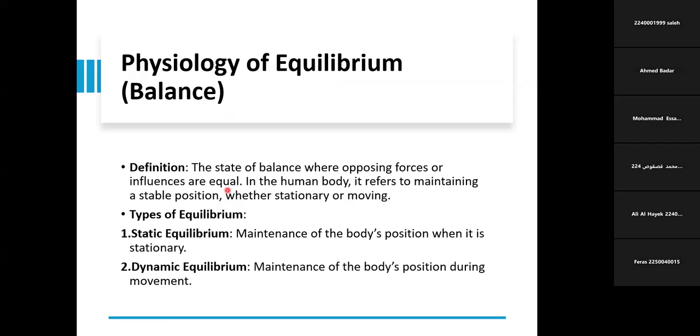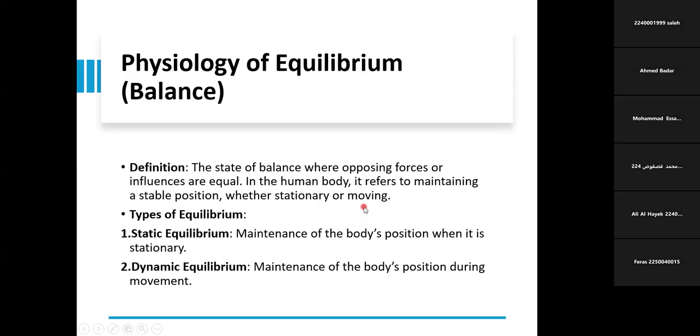But our body resists. Our axial skeleton and the muscles attached with it, they try to protect us from the fall. So this is postural reflex. In the human body, it refers to maintaining a stable position, whether stationary or moving.